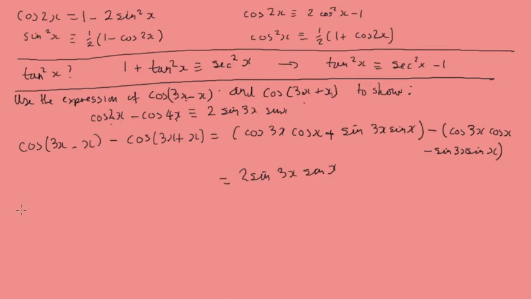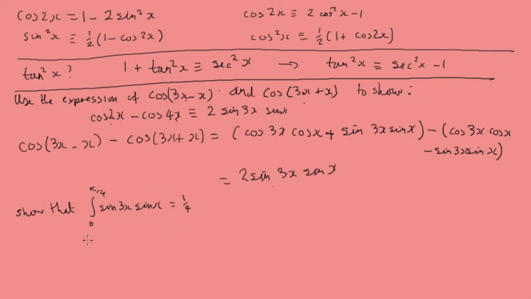Now we want to show that the integral between 0 and pi over 4 of sine 3x sine x is equal to a quarter. So we know that sine 3x sine x is going to be a half of this.